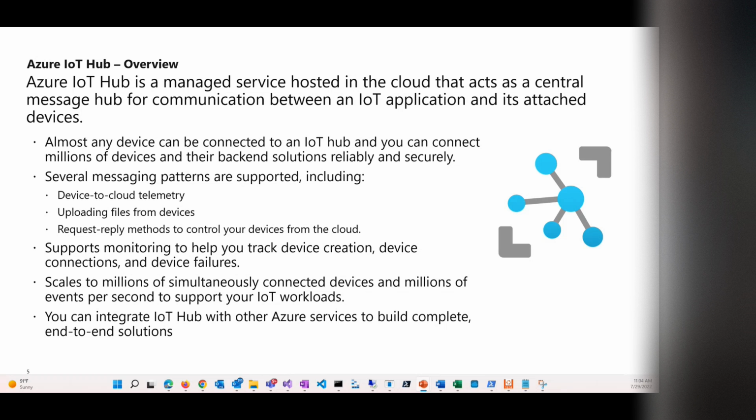So that's how you can use it as a central gateway to manage all the devices. And some of the key messaging pattern, as I said, getting telemetry of the devices, sending messages to the devices, all of these are supported by Azure IoT Hub.